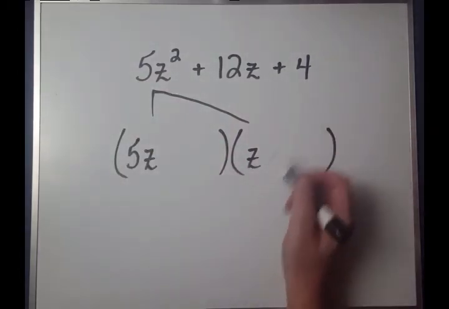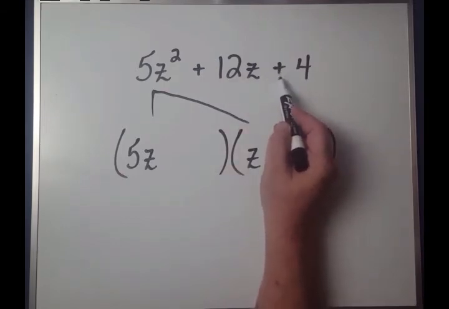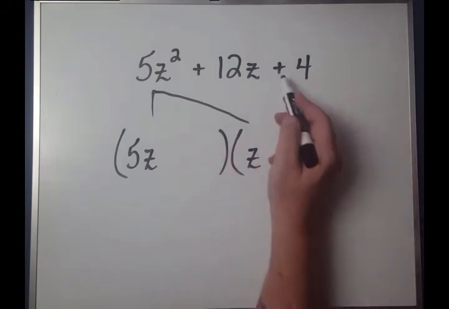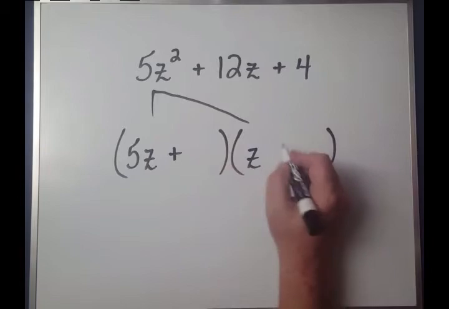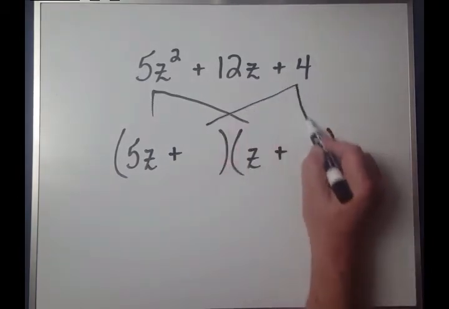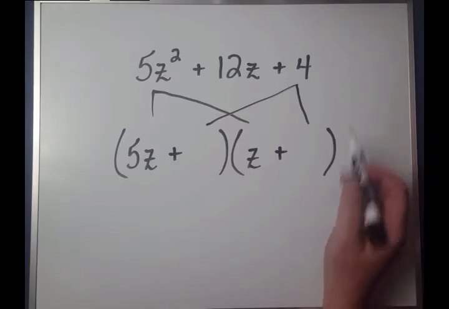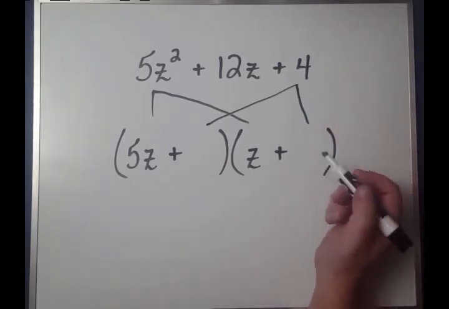Now let's look at this last term and our signs. First of all, our signs. This sign says that the two signs in my answer will be the same. In fact, this sign says, once again, they'll both be plus. Now we do have a little guesswork here. Because how does this 4 fall apart as the last, the L in FOIL?